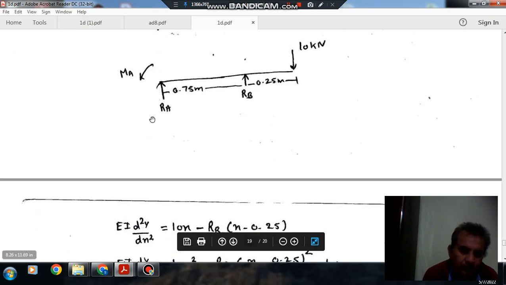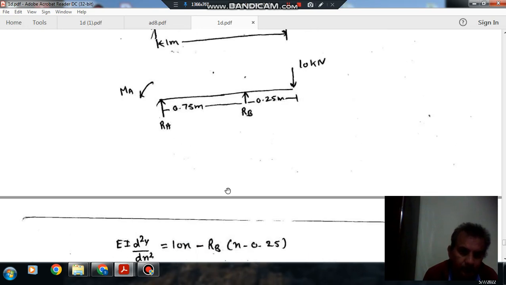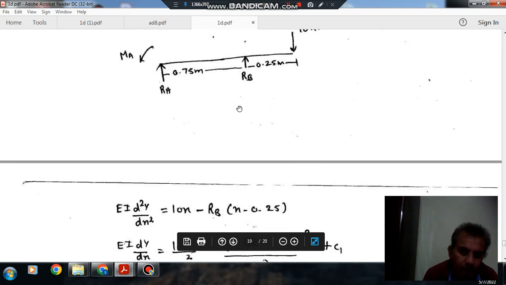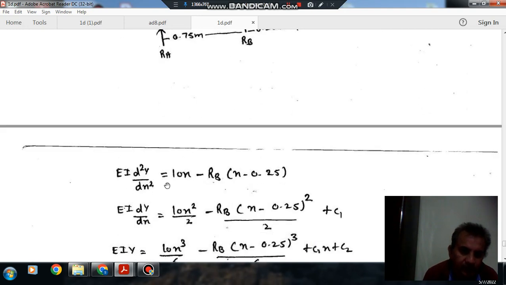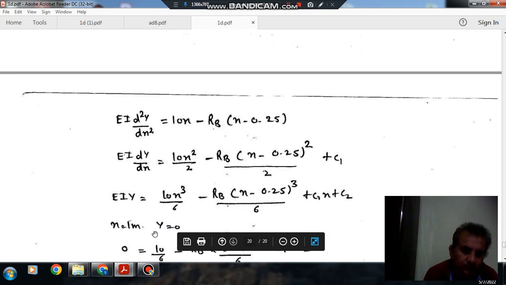So using Macaulay's method and taking x here, EI d square y by dx square is 10x minus RB into x minus 0.25. Integrating, EI dy by dx is 10x square by 2 minus RB into x minus 0.25 whole square by 2 plus C1.